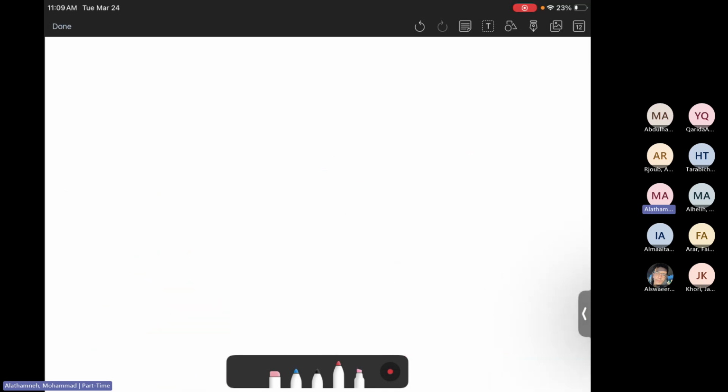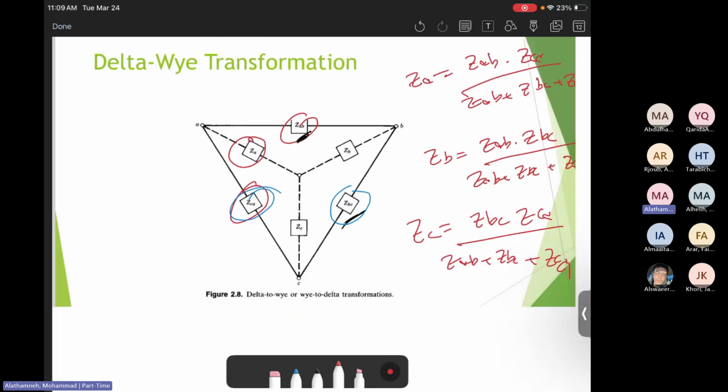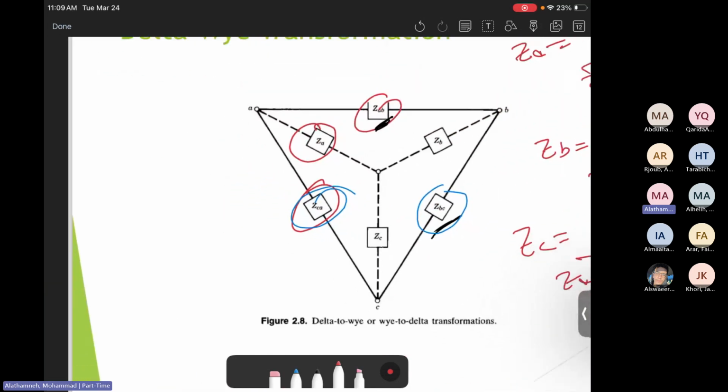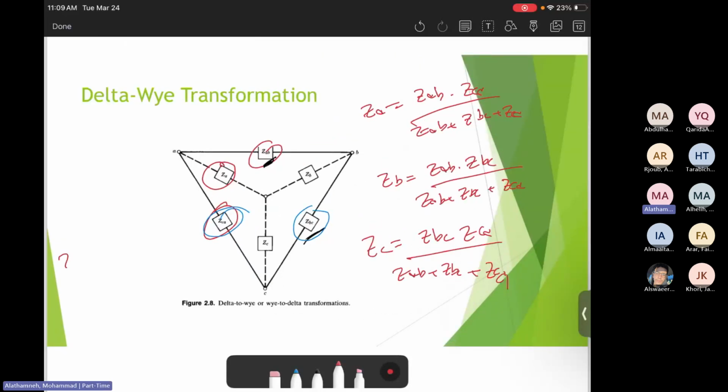So when you look at it, to calculate, for example, ZAB, it is ZA plus ZB plus ZA times ZB, divided by the opposite, which is we use ZC.